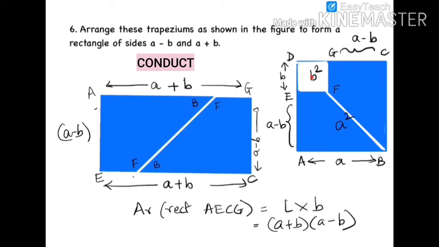Since we removed the smaller square from the bigger square, the area of the remaining part that contains only two trapeziums is A square minus B square. But we have used these two trapeziums to form this rectangle. That means the area of these two trapeziums is equal to the area of the rectangle. And hence we have shown that the left hand side of the identity is equal to the right hand side.